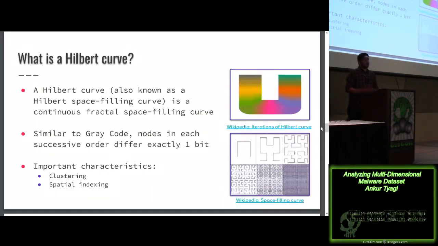That is spatial indexing. Clustering is also one of the important characteristics of the Hilbert curve. These features are really important when we have a challenge like clustering unknown data or classifying unknown samples into known good or known bad.